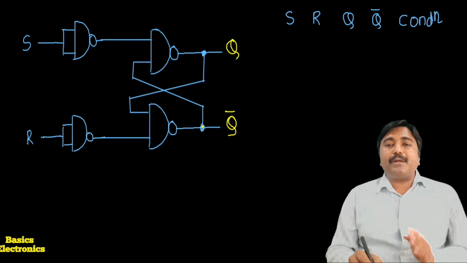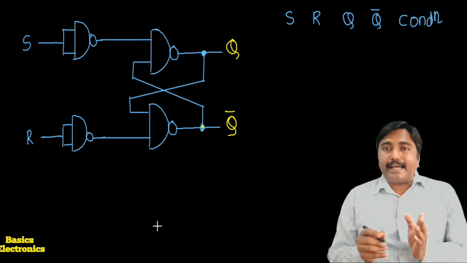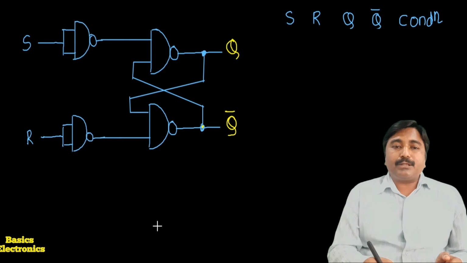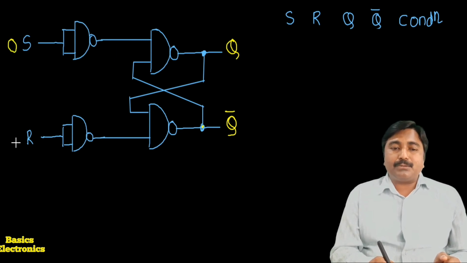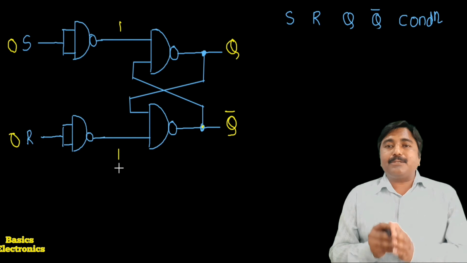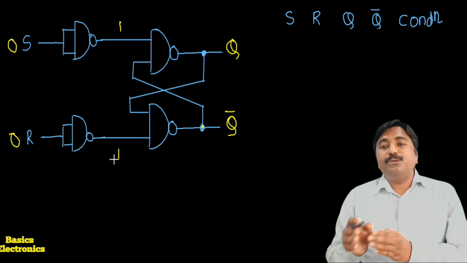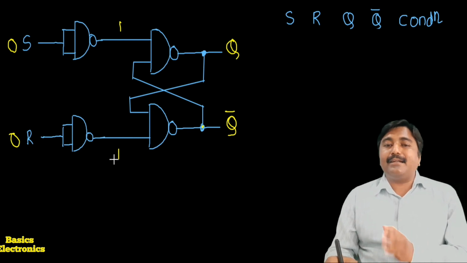Okay. So we apply the input and see what type of output we get after application of the input. Suppose here S is equal to 0, R is equal to 0, and the inverters produce the outputs 1 1. As we know, when the inputs to the NAND gate are 1 1, it produces the no change condition, meaning there is a last state.